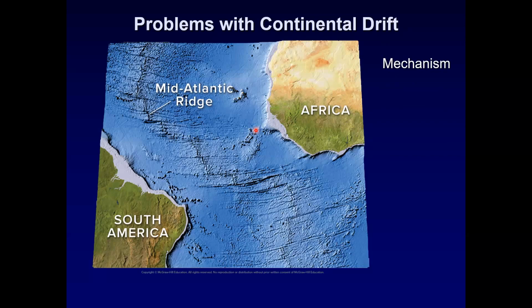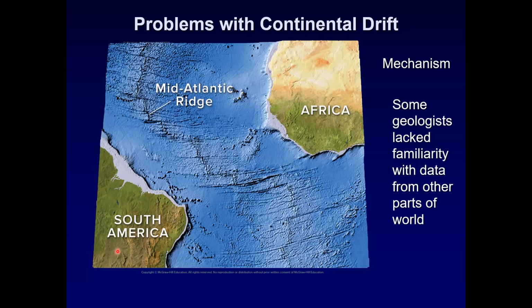And that was because when this theory was first introduced, it was done so by scientists in the northern hemisphere. And they were unfamiliar with southern hemisphere data. And so continental drift on its own was rejected for lack of a mechanism to explain how it worked.